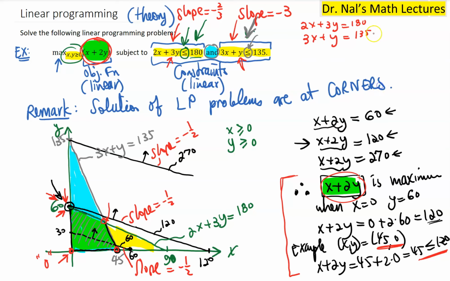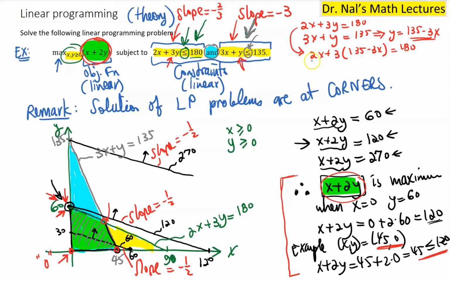Depending on the way you learned this concept in middle school, one idea is just to use a substitution trick. So y is equal to 135 minus 3x, and substitute this value of y into the first equation. The first equation becomes 2x plus 3 times, replacing the y with 135 minus 3x, equal to 180.